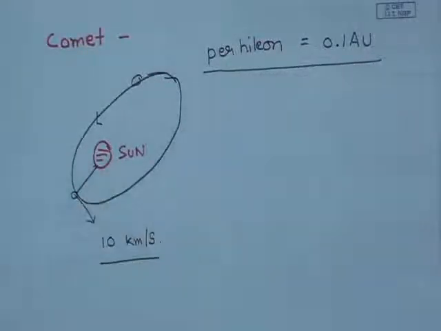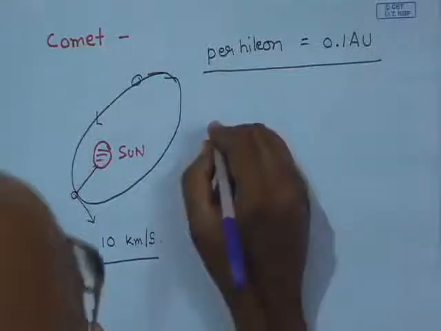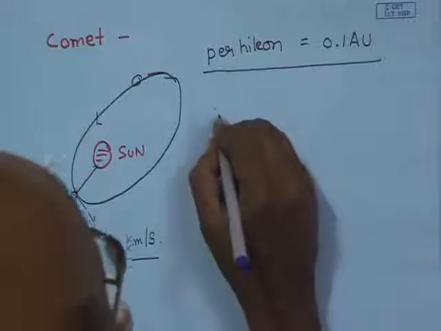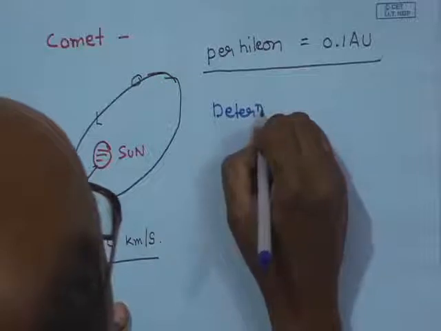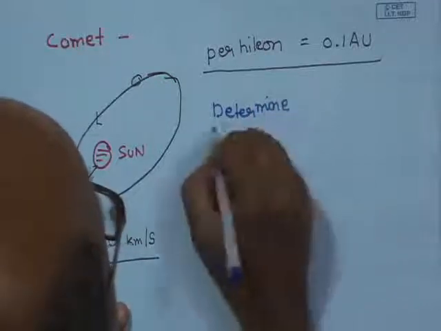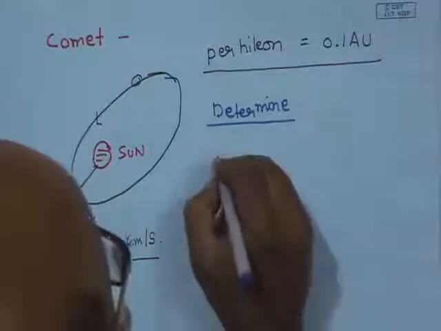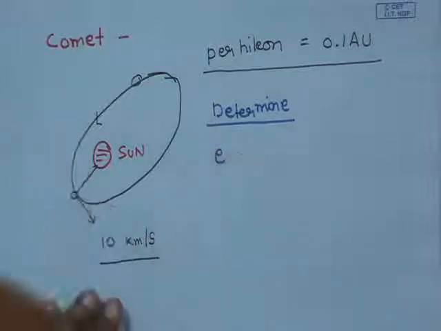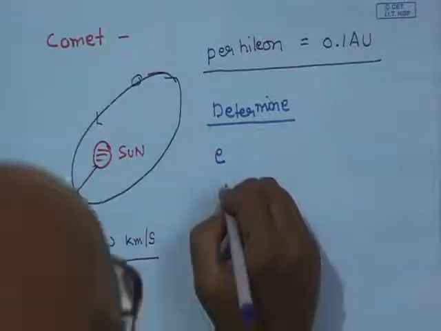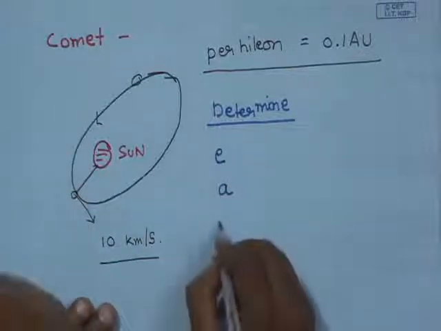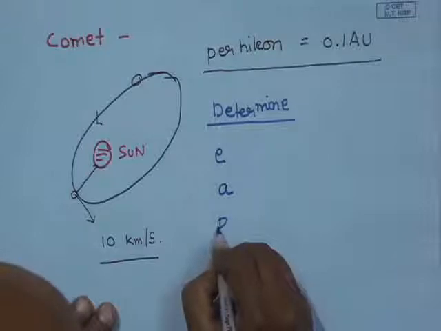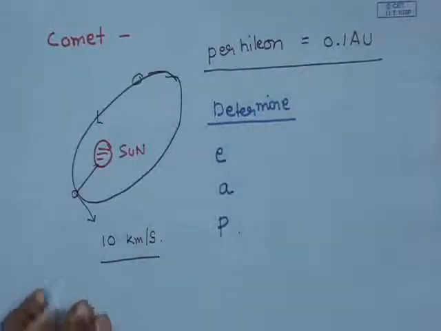The problem that you have to solve is to determine first the eccentricity, then determine the semi-major axis, and finally determine the period of this comet from these two observations.